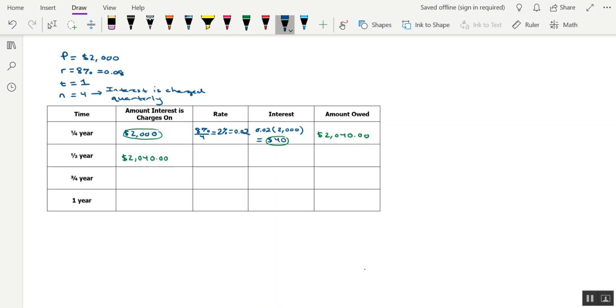So the rate that's going to be used is 2% still, or as a decimal 0.02, and we're going to take 0.02 and multiply it to the $2,040. This is going to wind up giving us $40.80.